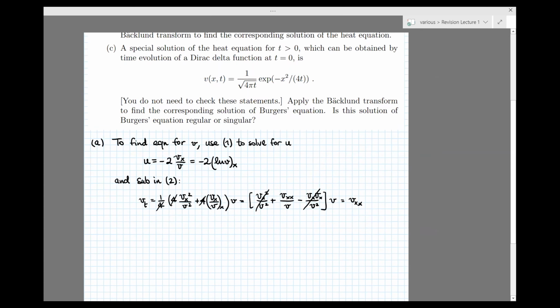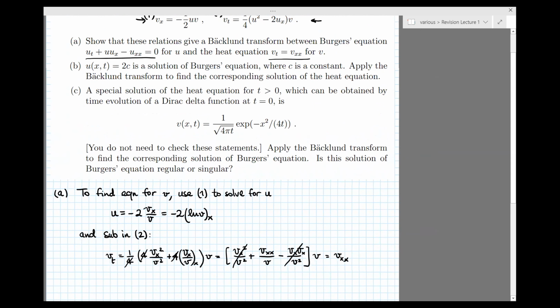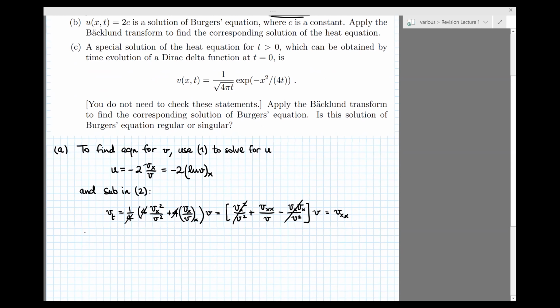So the equation for V is Vt equal to Vxx, which is precisely the heat equation that we wanted to find. So Vt equal Vxx, heat equation.